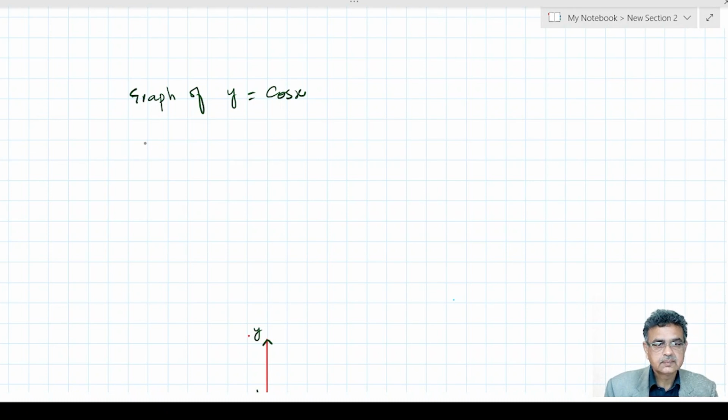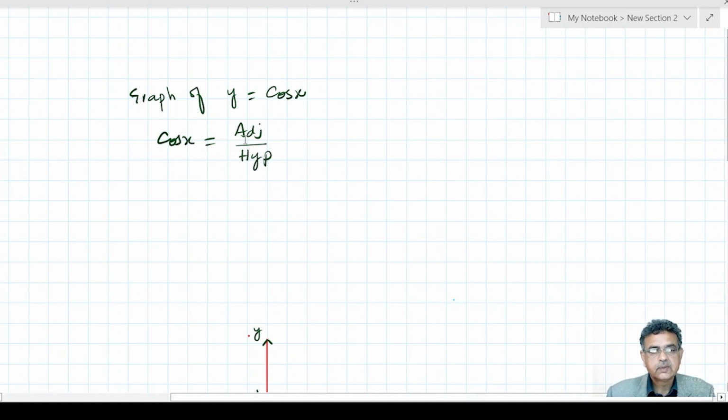Cos x, that is cos of an angle, is equal to adjacent over hypotenuse. So we have to observe the changes in adjacent now.